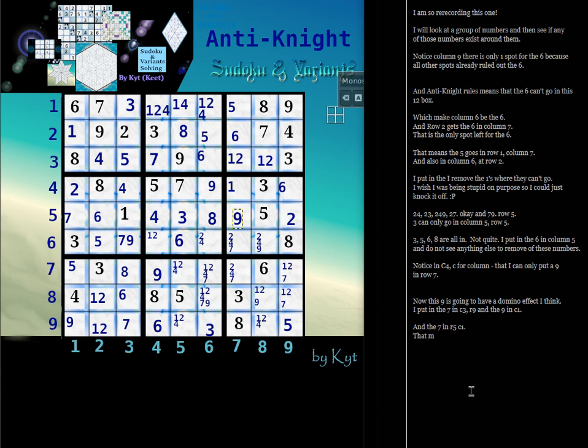That makes the 4 in column 4, row 5, and the 9 in column 7, row 5.